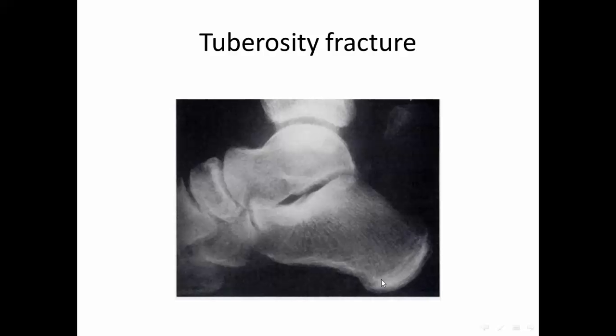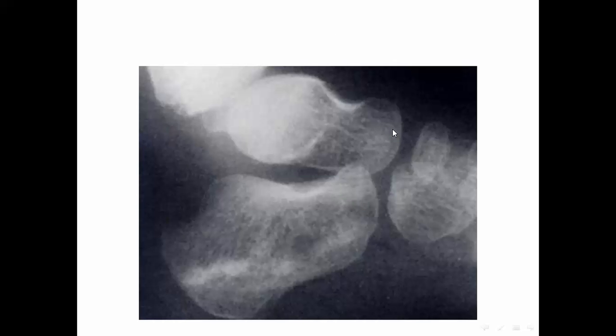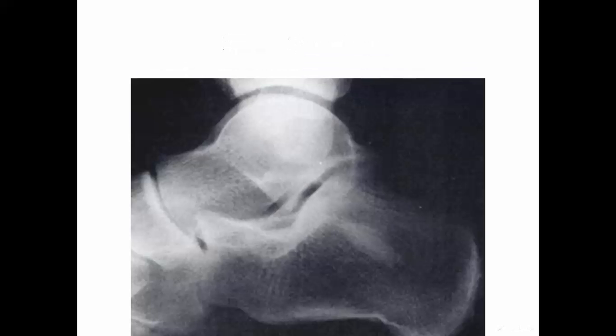Here we find this one. This is a tuberosity fracture. This one is there, and this is a stress fracture here, and this one is another similar lesion, but this is a bone island.